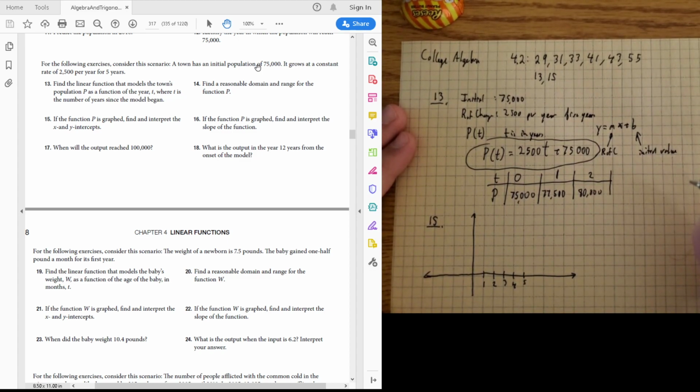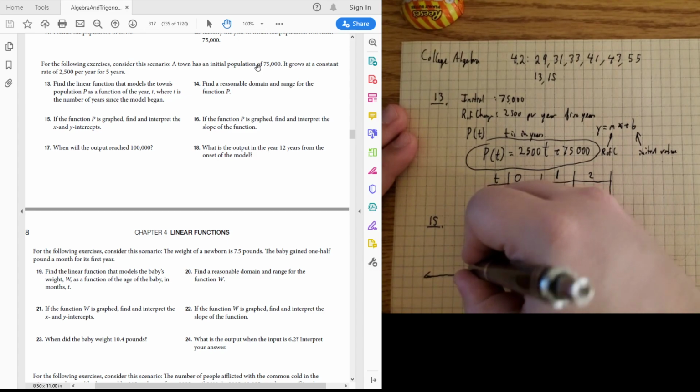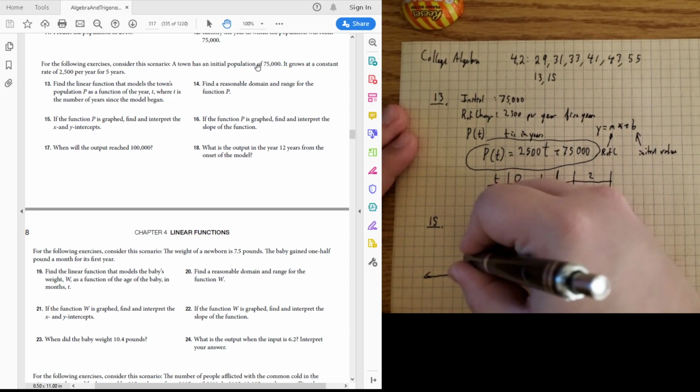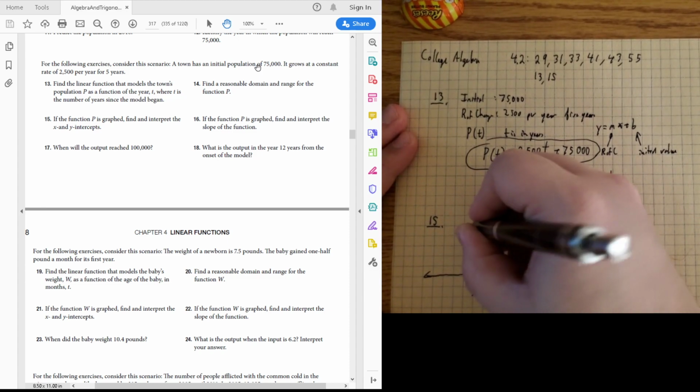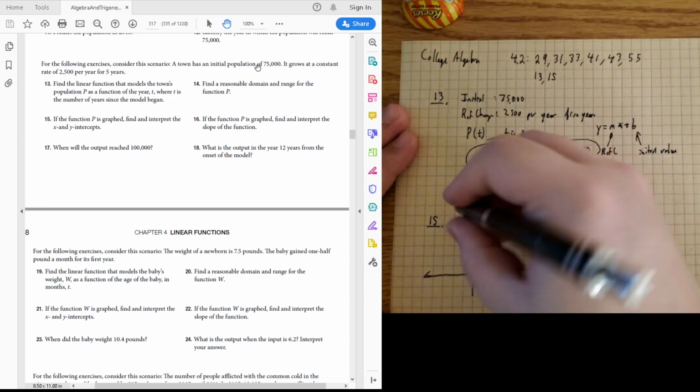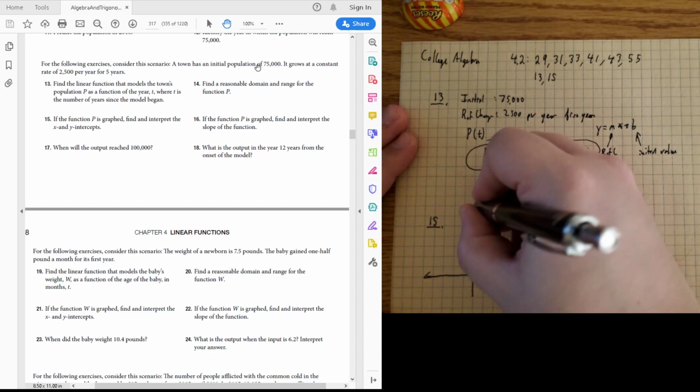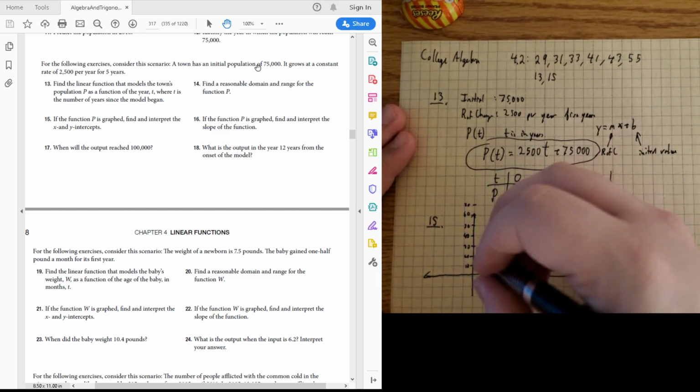And I'm going to count by, let's say, 10,000s. So 10, 20, 30, 40, 50, 60, 70. Oh, yeah, I need to change that.